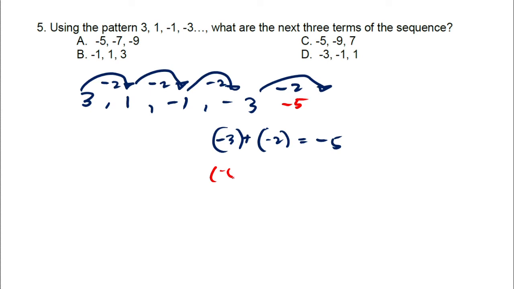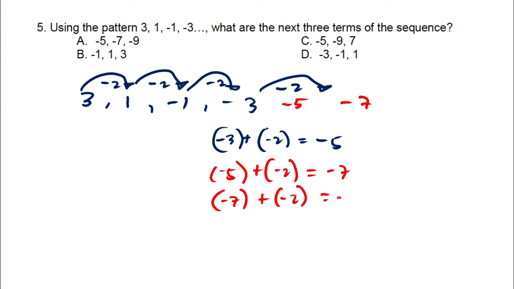And from -5 plus -2 gives us -7. And from -7 add by -2, the answer is -9. So therefore, the next three terms of the sequence are -5, -7, and -9, and that's letter A.